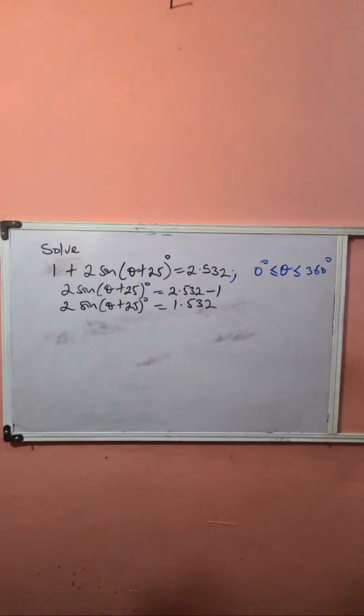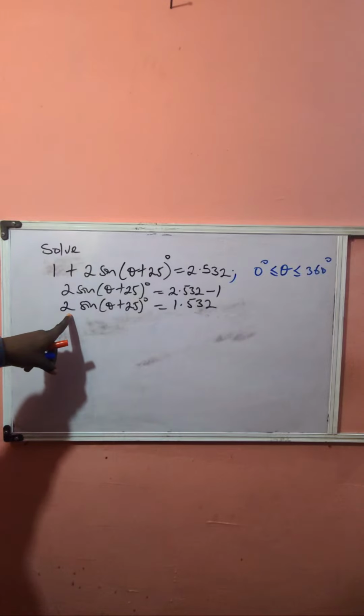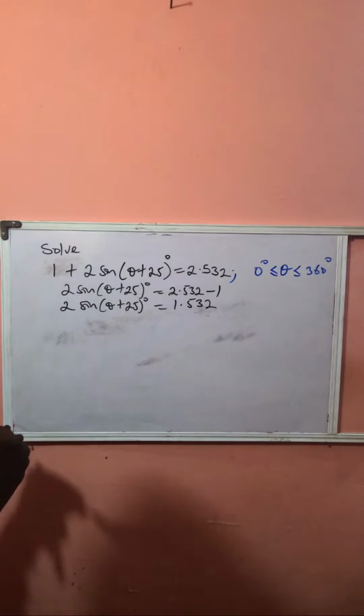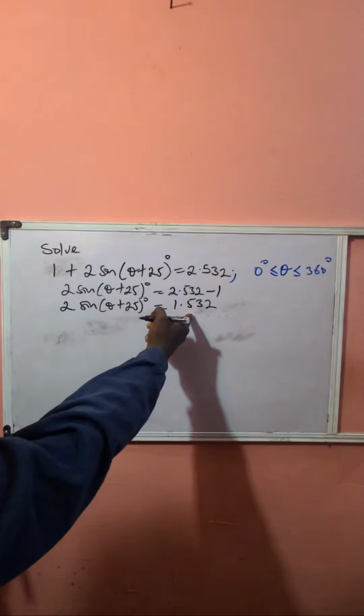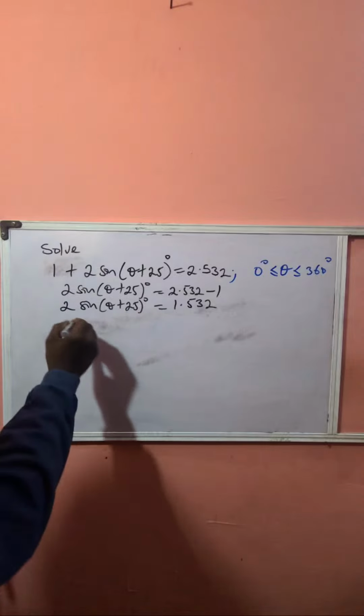That's the very first step that I think we should all be able to do. Okay. Now, what's the next thing you can see that can be easily solved in this question? I can see 2 right here. If I divide both sides by 2, whatever you do to the left-hand side, you have to do the same for the right-hand side.